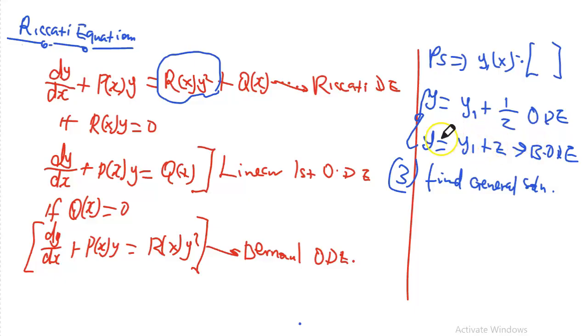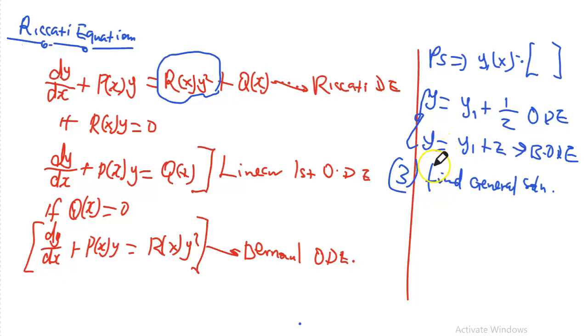Or, if you want to reduce to a Bernoulli equation, you use y, the initial value, plus the derivative of z. The first is usually the easiest and what most students are tested on in Riccati differential equations.